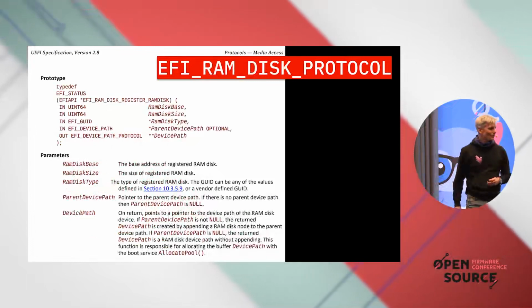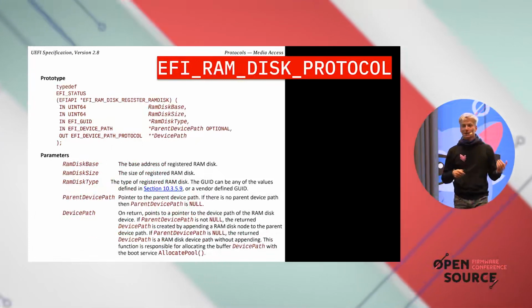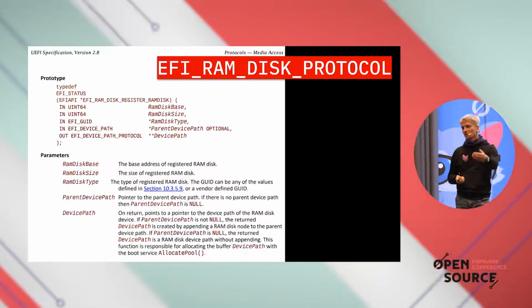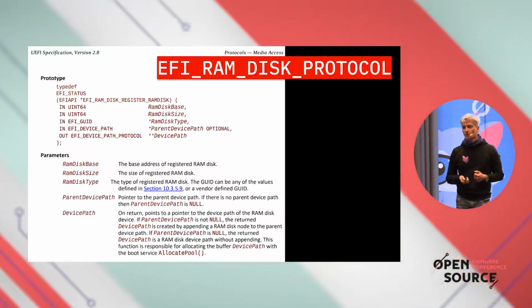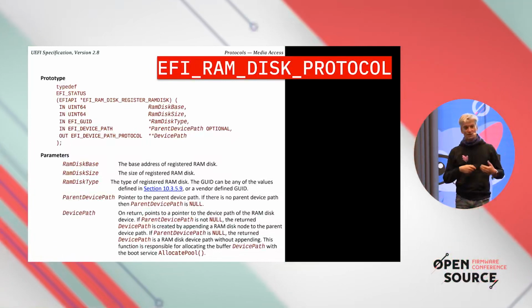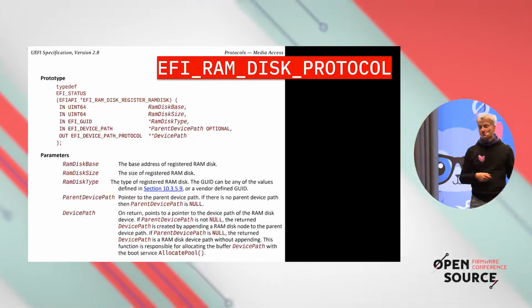Another fun protocol that we wrap is the EFI RAM disk. This is what allows us to pass the secrets for the BitLocker encryption key to the Windows kernel. We're able to instantiate and mount a RAM disk and populate it with that key.